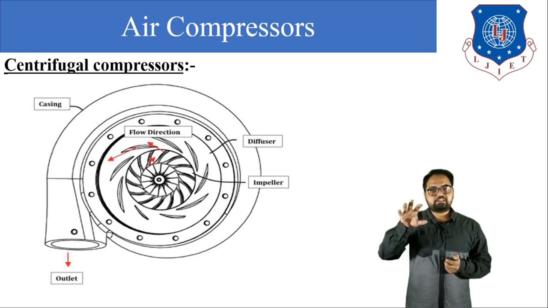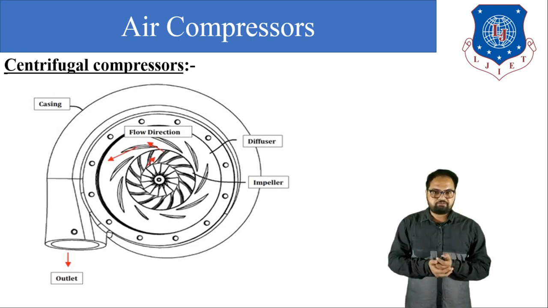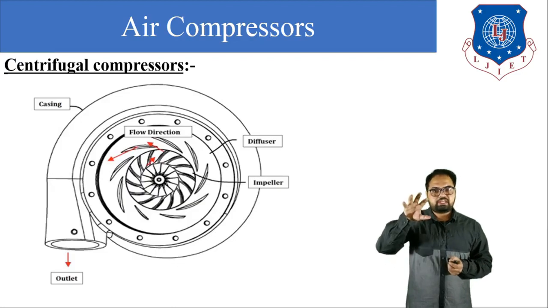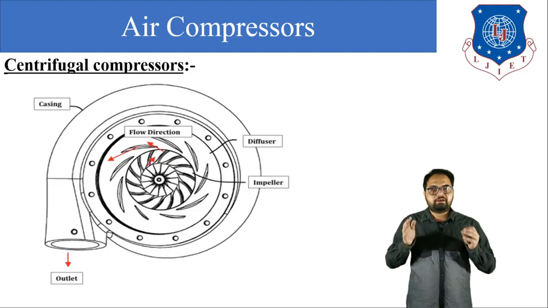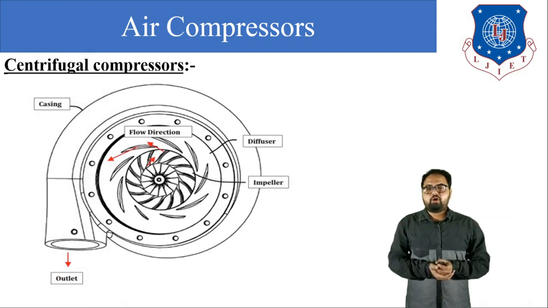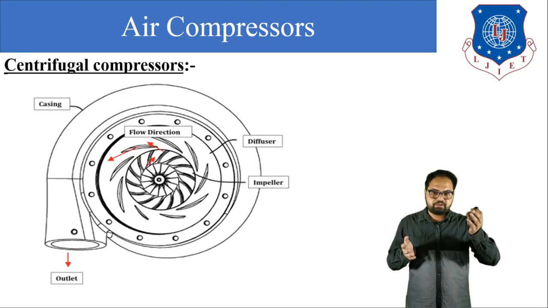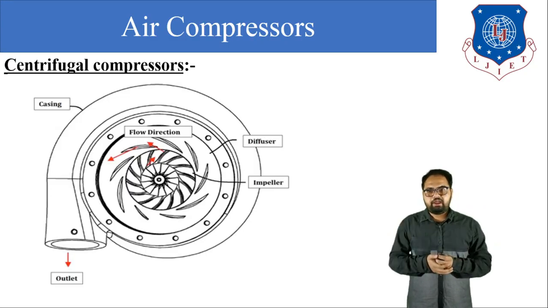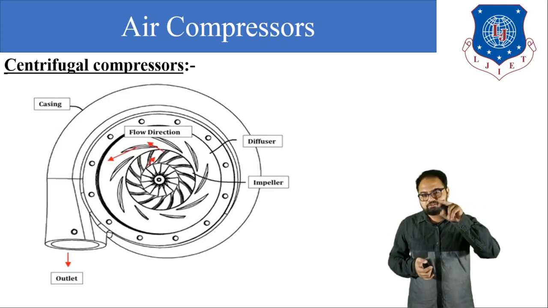The impeller is mounted on the central shaft. The impeller is surrounded by the casing. The function of the casing is to maintain airtight contact, and the casing is the outer body of the centrifugal air compressor. Here in this figure, the diffuser is there, the outlet valve is there, and the inlet is at the central line.